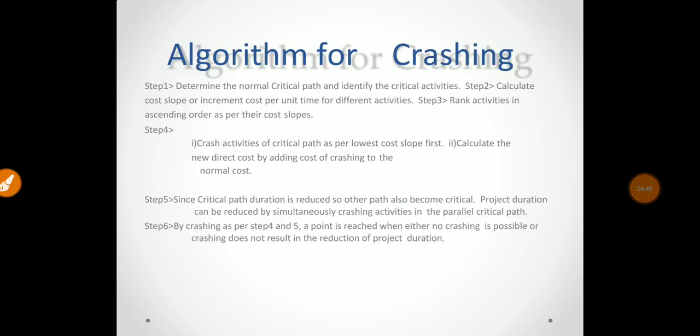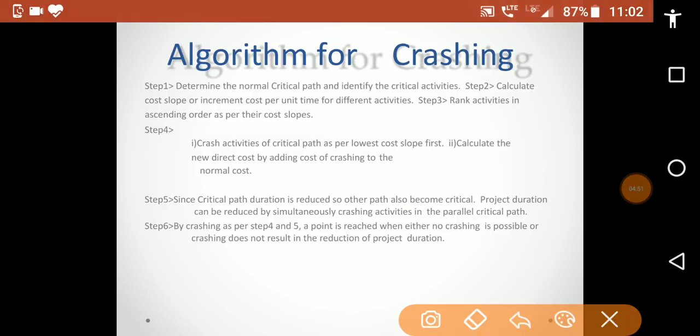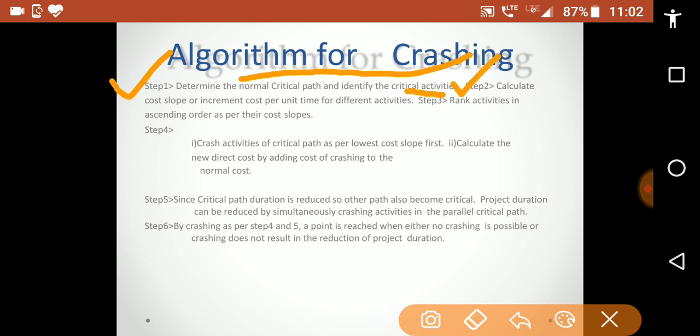Now let us see the algorithm for crashing once again. First is step 1, determine the normal critical path and identify the critical activities. Second is step 2, calculate the cost slope or increment cost per unit time for different activities.